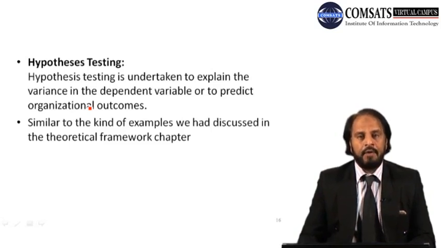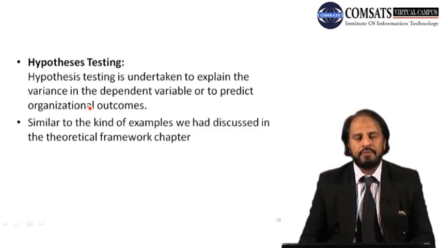All the hypotheses we looked at in the previous session, if you remember, were basically trying to predict or theorize certain things, such as the motivation level of men is more than women. Again, we're trying to theorize something. Similarly, we're saying the more training an individual gets, the higher the performance of the organization will become. Again, we're trying to explain the variability in the dependent variable because of an independent variable.